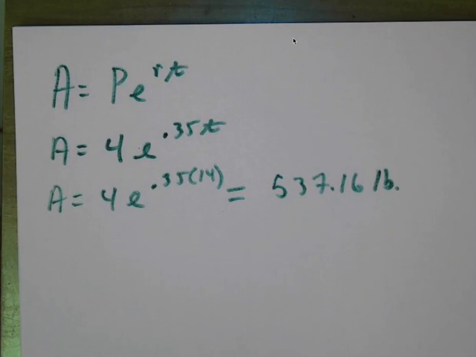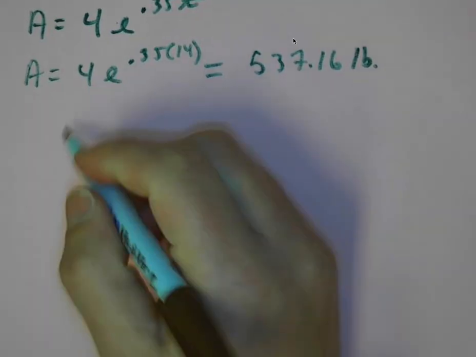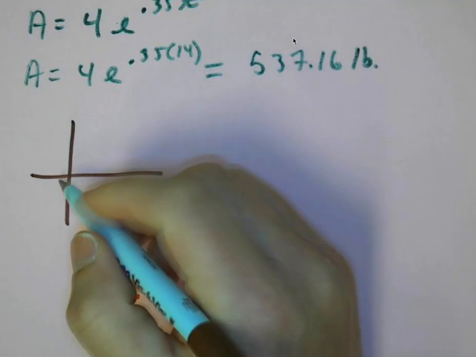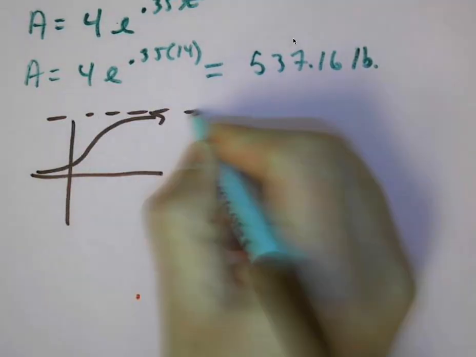Okay. What I want to talk about next is what's called a logistic growth function. The logistic growth function is when a quantity exponentially increases but then mellows out. This would be like your limiting factor in biology, I believe. The graph looks a little weird, but it basically approaches an asymptote.